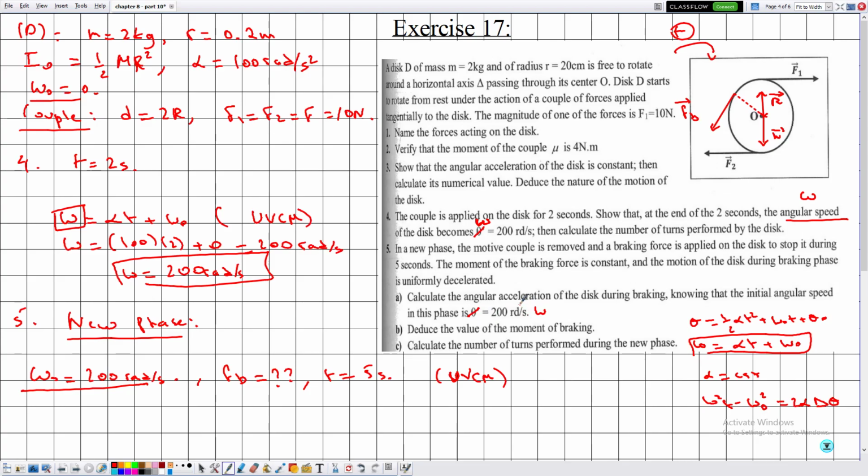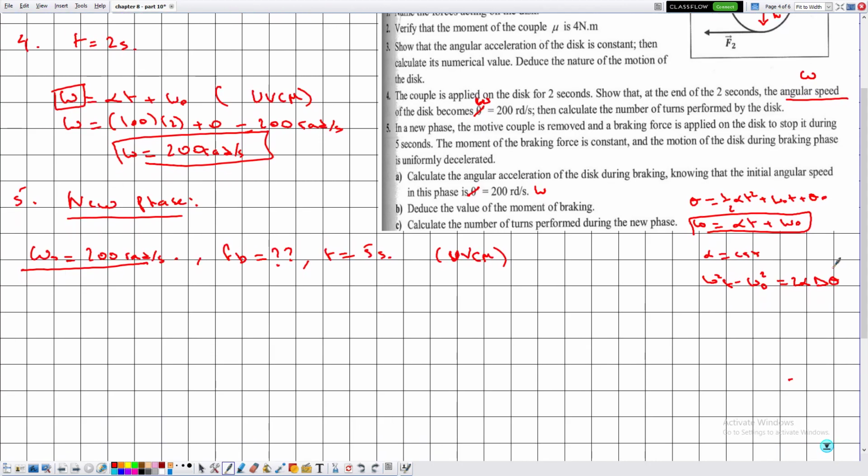Here they have specified the type of motion. Whenever they specify the type of motion, we can directly use the following equations. Since it is UVCM, we are allowed to use one of these equations. We are asked to calculate alpha, which can be calculated either from the first equation or the final equation, depending on the given. We have the time, the initial speed, and the final speed.